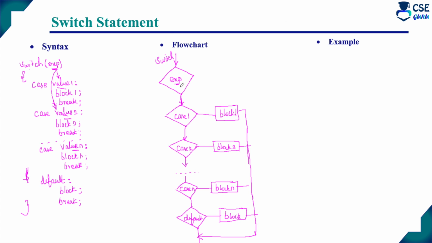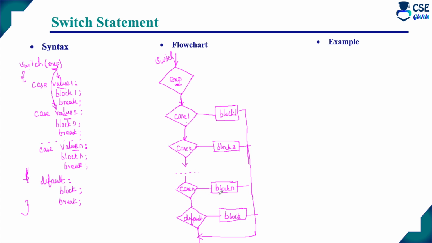So here the switch expression will be evaluated. The result of this expression will be compared with the case 1 value. If it matches, block 1 will execute. Suppose it does not match with case 1, it will go to the next alternative, that is case 2. If it matches, block 2 will execute. If not, it will go to case 3 and compare. If it matches, the case 3 block will execute.